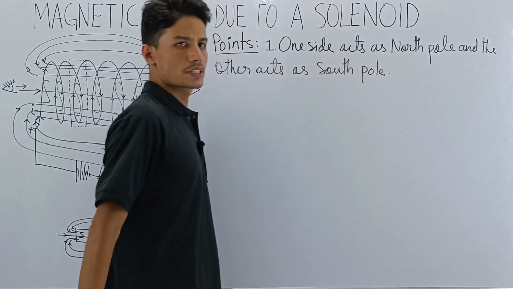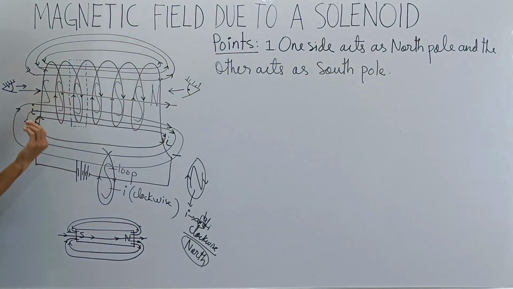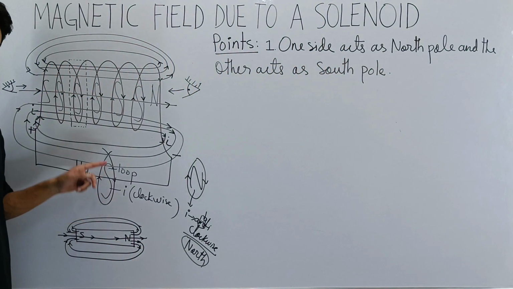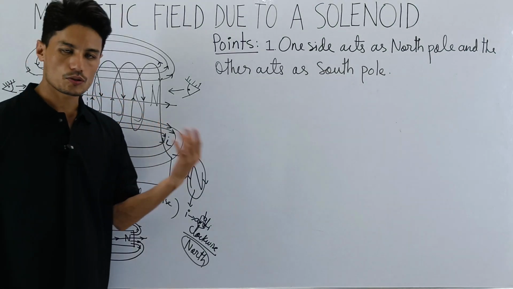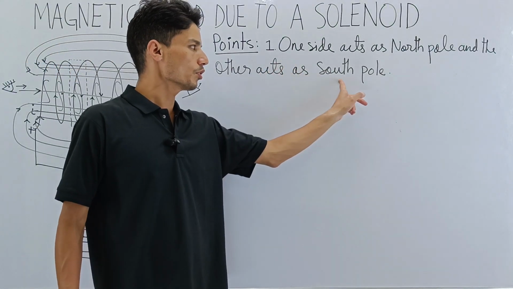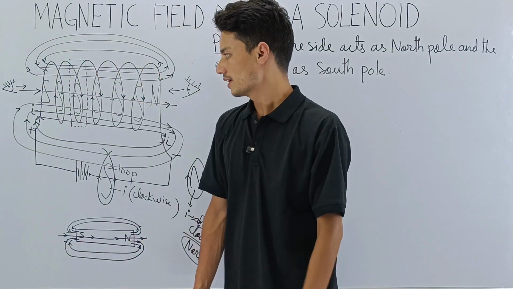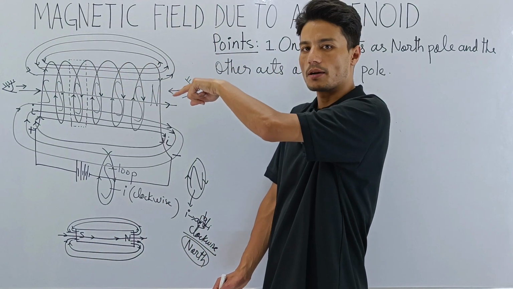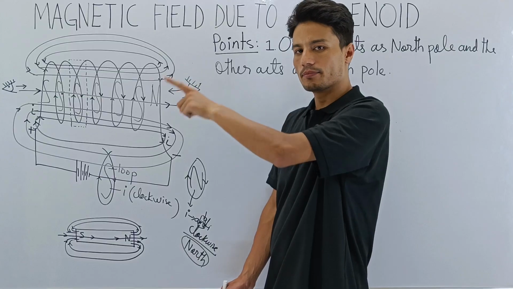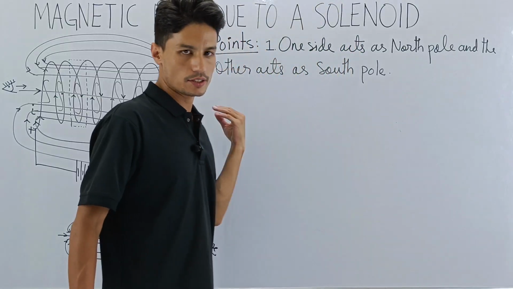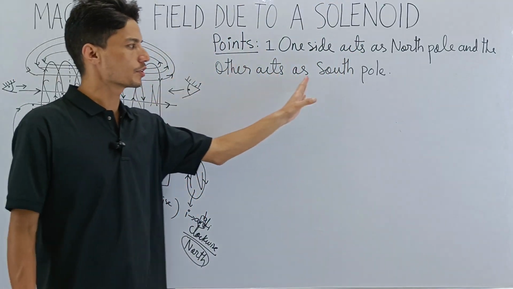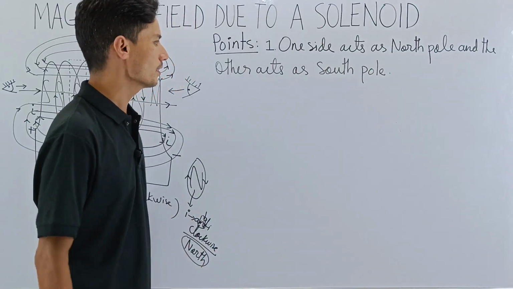We have already discussed this. One side of the loop, in which the direction of current is clockwise, will act as the south pole, and the other side, if I view from here, the current in the loop becomes anti-clockwise. Anti means north pole. So one side of the loop is the south pole, the other side of the loop is the north pole. I hope it's clear.